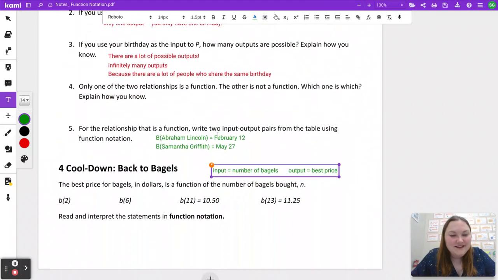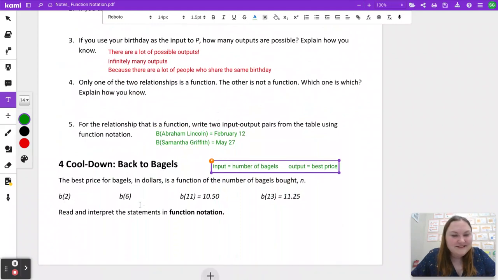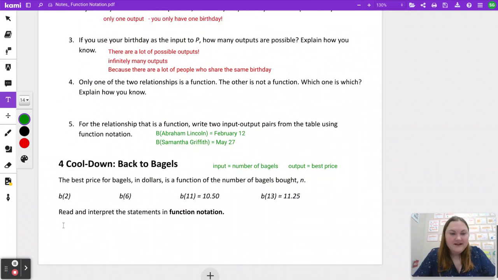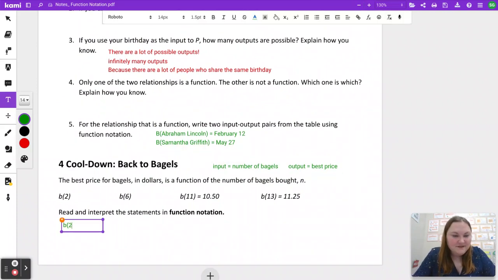And so looking at this, I know the 2 and the 6 are both describing the input, which is the number of bagels. That means B of 2 is going to represent the best price of 2 bagels, and B of 6 is going to represent the best price of 6 bagels.